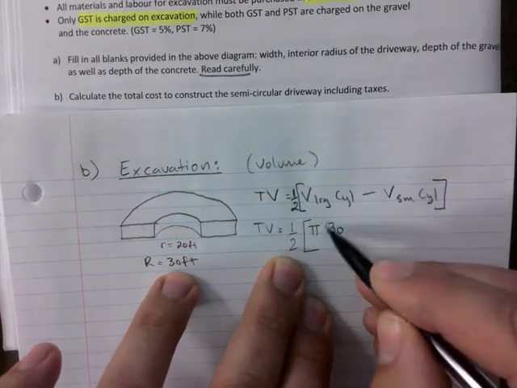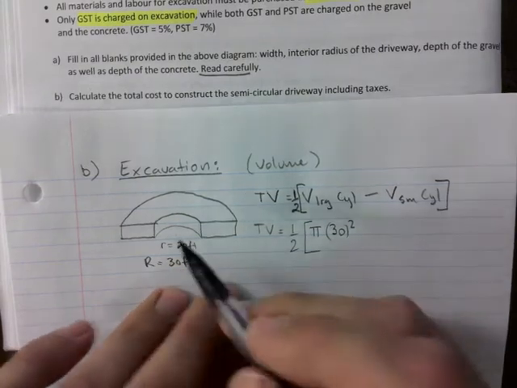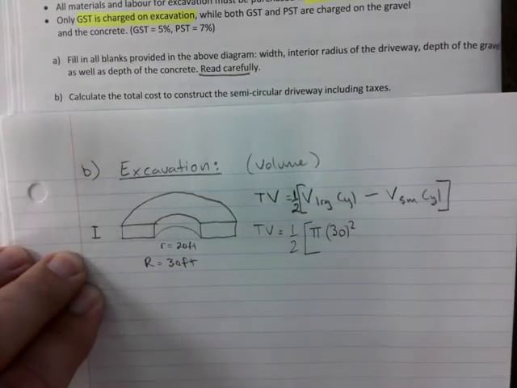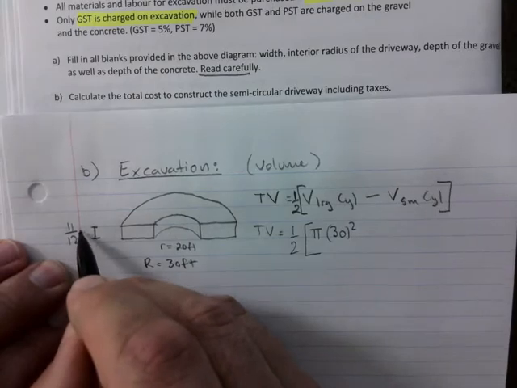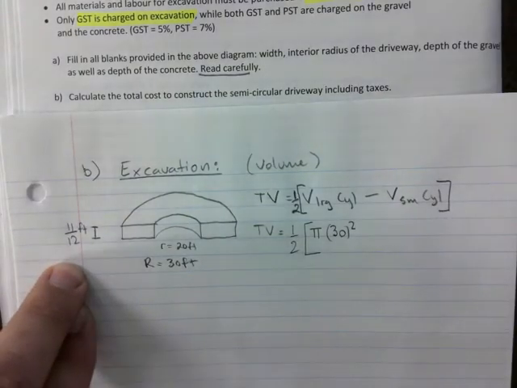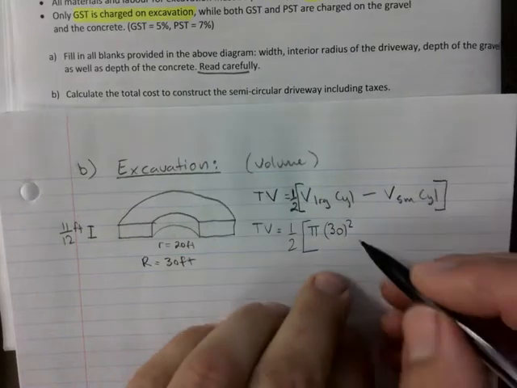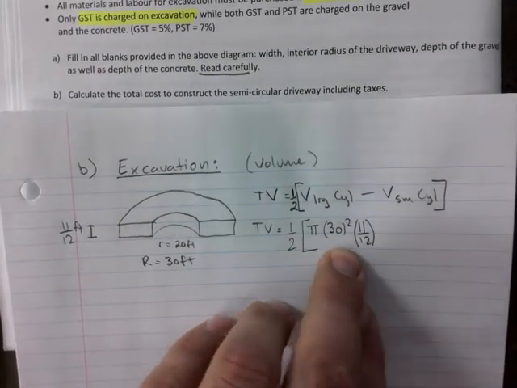And what's the height of this thing? It's 11 over 12 feet, right? You're with me? 11 inches, but that's divided by 12, and then it's in feet, right? I want everything in feet for now. So I'm going to go 11 over 12 is the height of that cylinder.